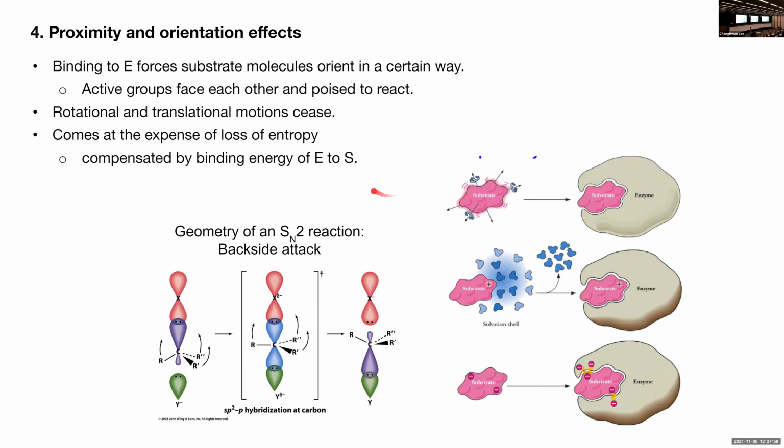And the fourth type, among 5 different types, is proximity and orientation effects. Again, this can happen along with the other types of catalysis. This is about the property where the binding of the enzyme forces the substrate molecules to be oriented in a certain way, especially in the active site.